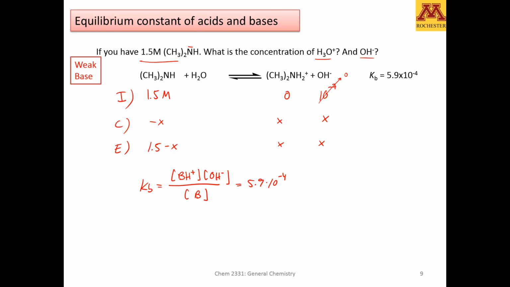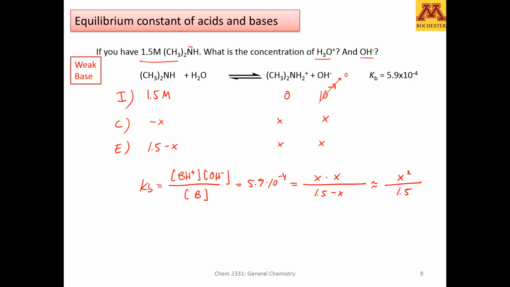Again, fairly small. Let's substitute our unknowns: x times x over 1.5 minus x. We're going to approximate this, because x in the denominator is going to be small enough, since we have a weak base, or not very weak, but weak enough compared to this 1.5 molar. So this is x squared over 1.5.